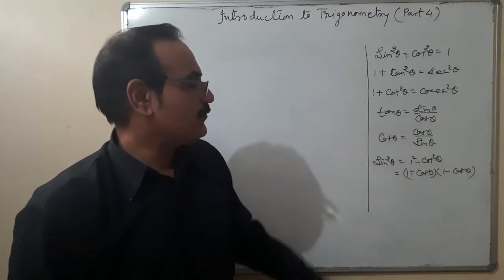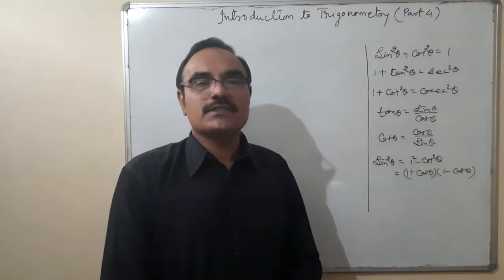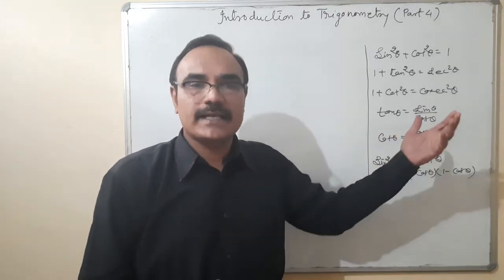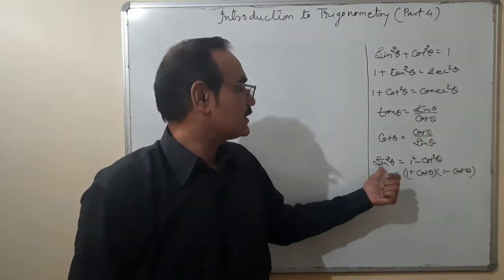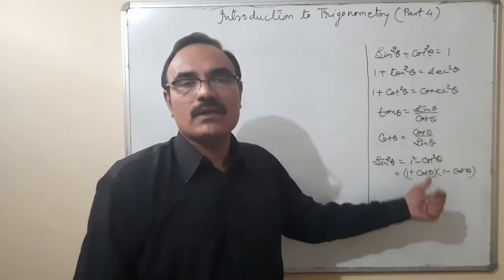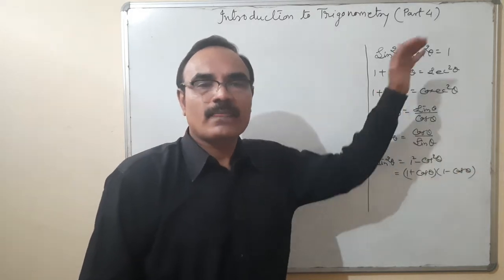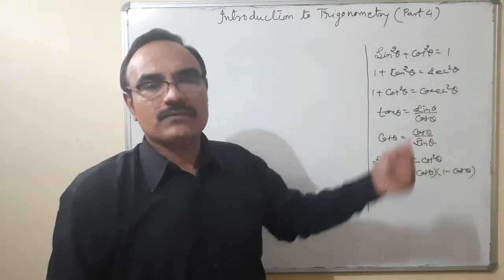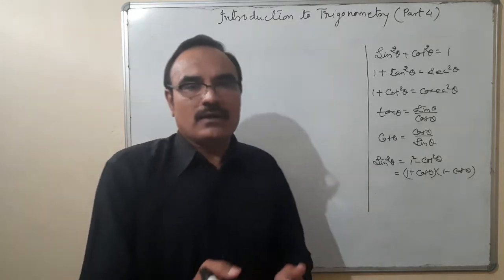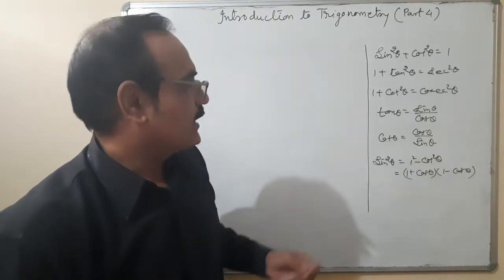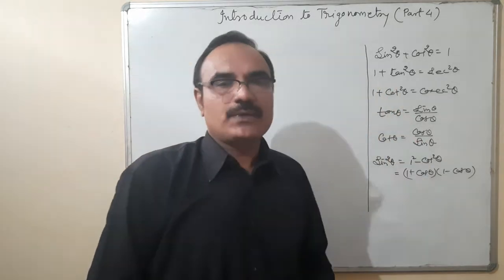So what I mean to say is, if 1 plus cos theta and 1 minus cos theta are there, that is sin square theta. Same as cos square theta is equal to 1 minus sin square theta, (1 plus sin theta)(1 minus sin theta). So these are the ways by which we can convert, and we will use the terms as per the questions and the terms which are required in the questions when we are solving.